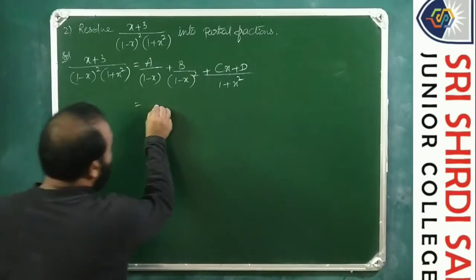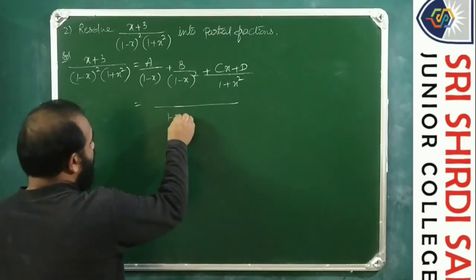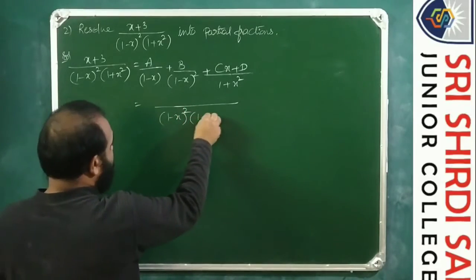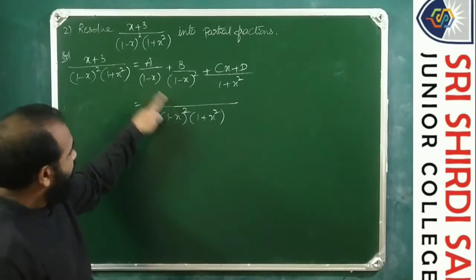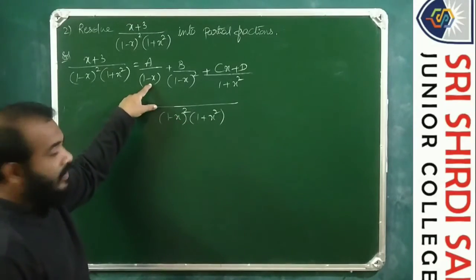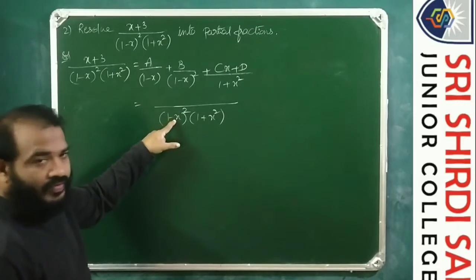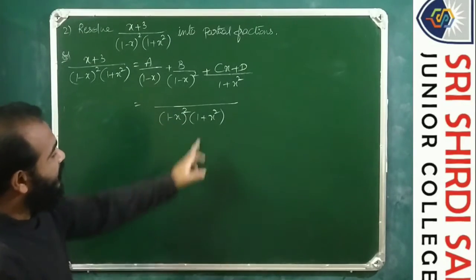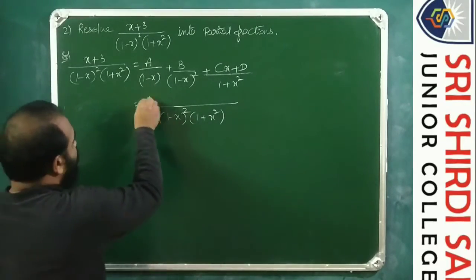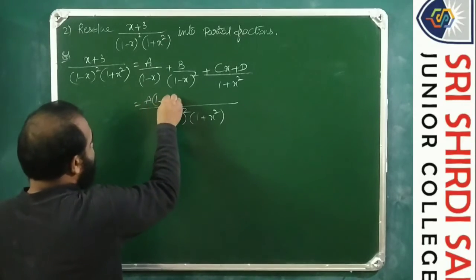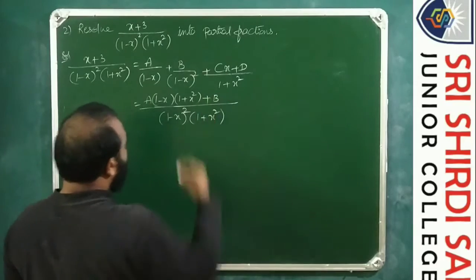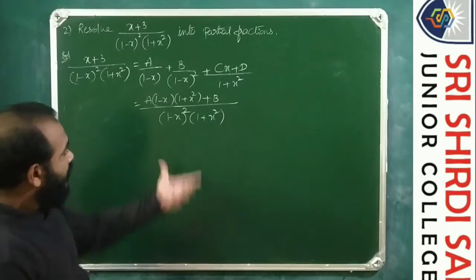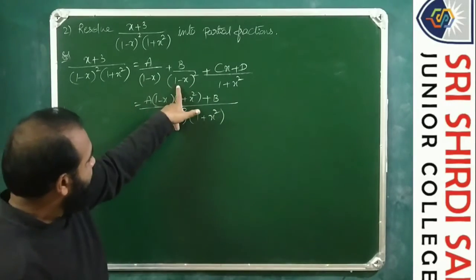So take the LCM here, which is 1 minus x whole square into 1 plus x square. So this by 1 minus x, 1 minus x whole square by 1 minus x cancelled for once. So 1 minus x into 1 plus x square into a. So a into 1 minus x into 1 plus x square plus b into this by this. These two get cancelled.